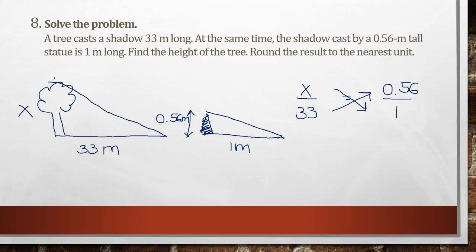So x times 1, which is just x, and then 33 times 0.56, and I'm going to do a little side multiplication for this. When I multiply decimals, I can ignore the decimal place as long as I'm doing my multiplication. So 33 times 56, and 6 times 3 is 18. 6 times 3 again is 18, plus 1 is 19.